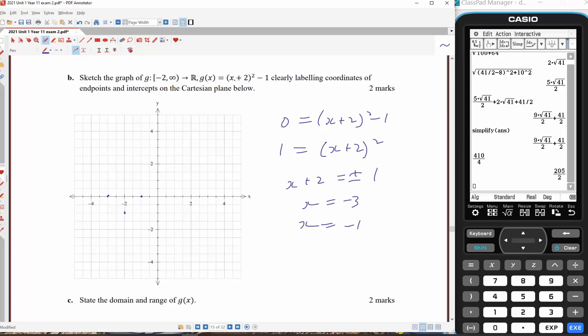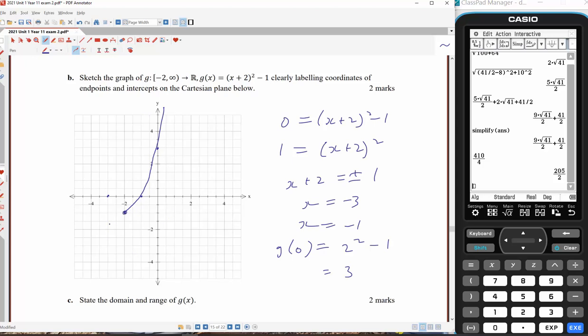What's the y-intercept? So y-intercept occurs when x is equal to 0. 4 take 1 is 3. Okay, so it's basically going to go like that.